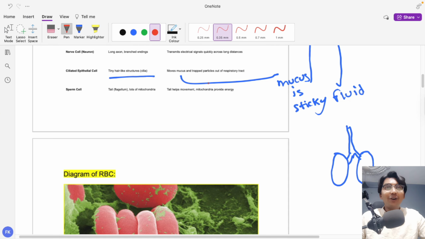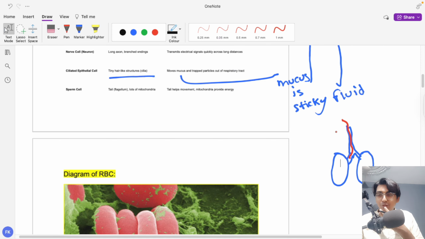Look. What this mucus does is carry any dust or foreign particles up to your mouth so that you can cough them out, right? The cough you take is the dust from the lungs and the respiratory tract.